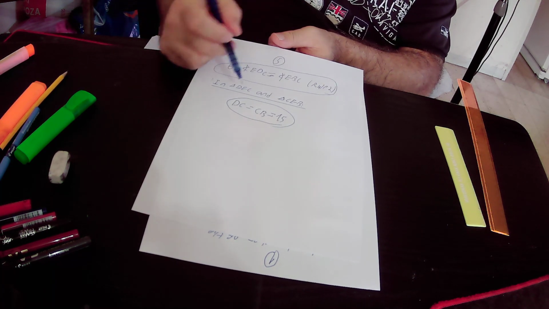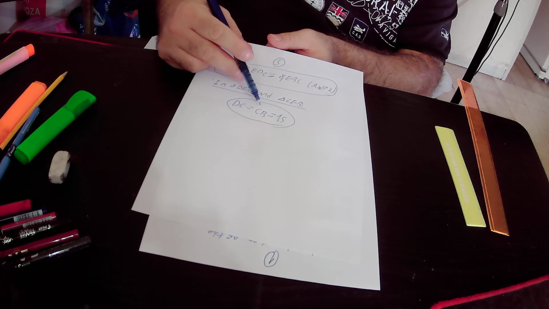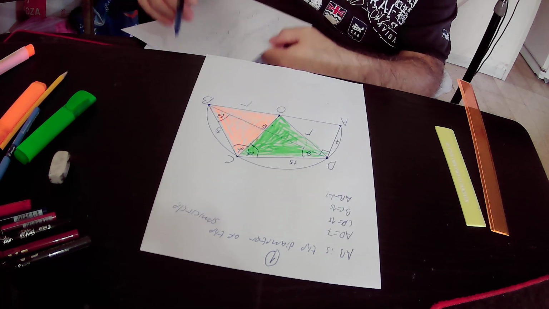Side DC in the green triangle is equal to side CB on the orange triangle. Both those two sides are equal to 15 units.